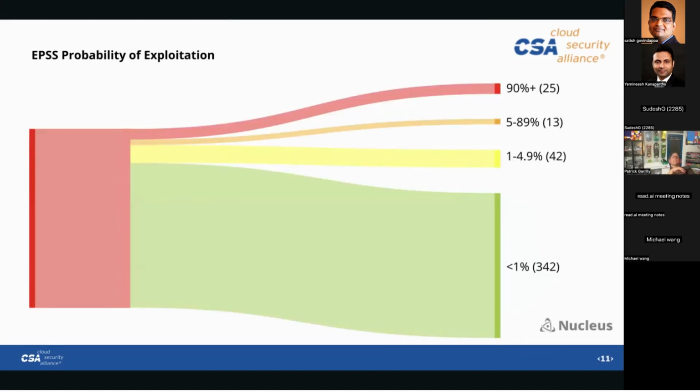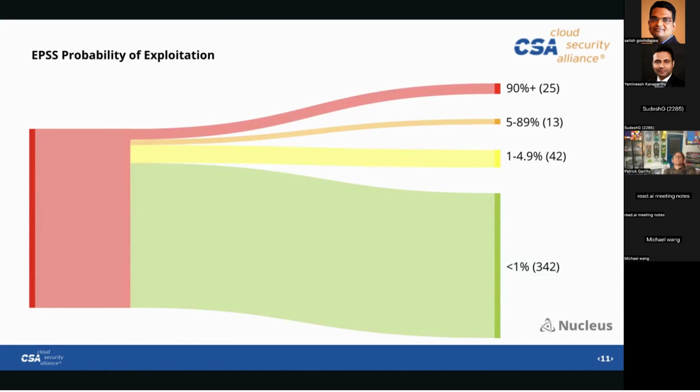To break down some examples on my side, in regards to how this data flows: on the left-hand side, this was all CVEs that were rated on CVSS version 3.1 as a 10, which is the highest score. And we can see here on the right-hand side, the EPSS probability of exploitation.